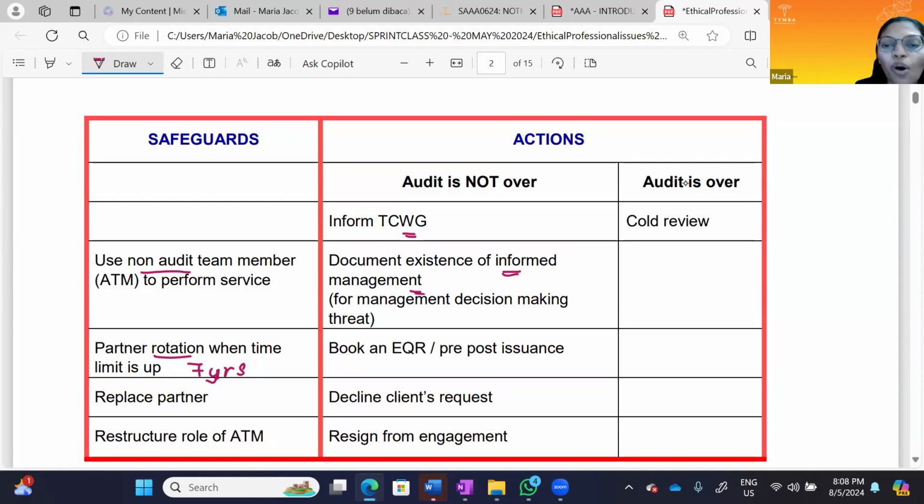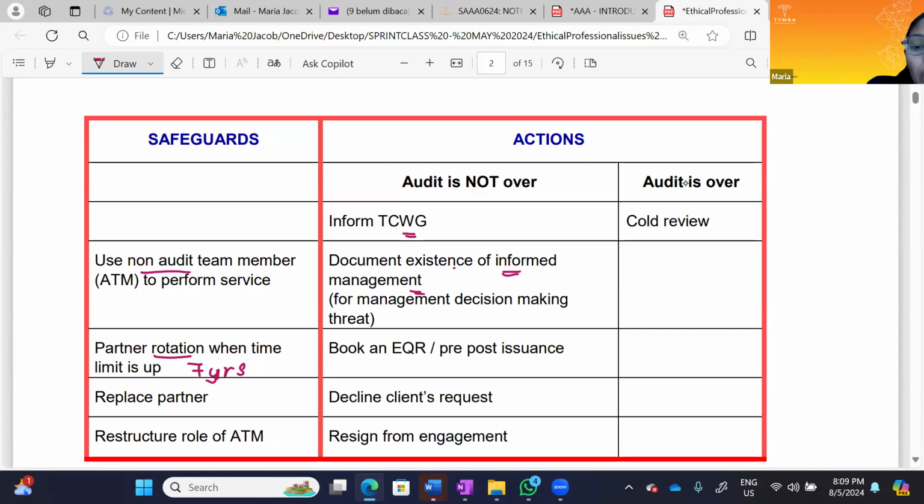So they must be informed management. They are the ones who admit and take the decision. We are just providing some advice or guidance on it. So document the existence of informed management aware that they are the ones who take the role in making decisions, not delegating it to partners.